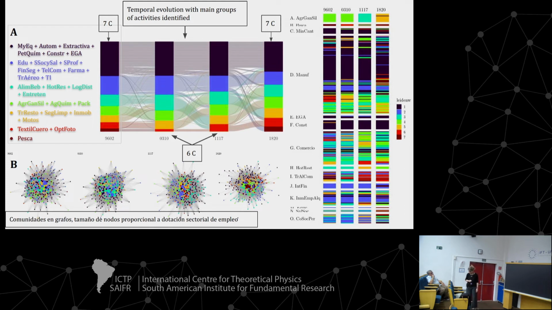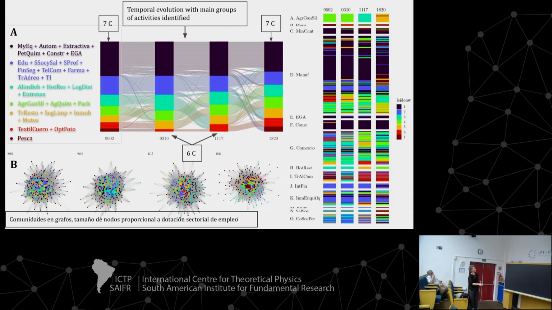I wanted to bring you to this result. So these are different networks that belong to different periods. Here is the period of 96 to 02. So they are from different periods that we were looking at.